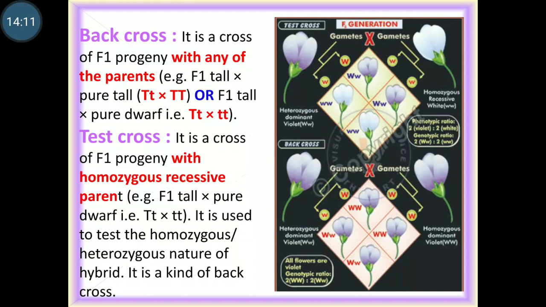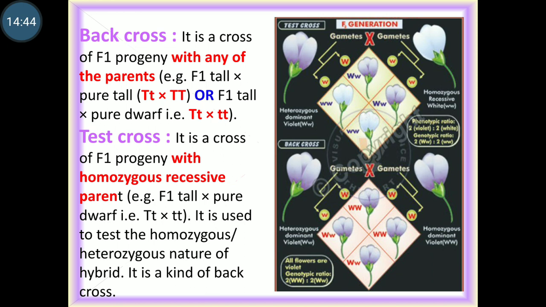Back cross. It is a cross of F1 progeny with any of the parents. For example, F1 tall, capital T small t, when crossed with pure tall, both capital T, or F1 tall when crossed with pure dwarf, that is capital T small t when crossed with both small t, that is tall and dwarf.